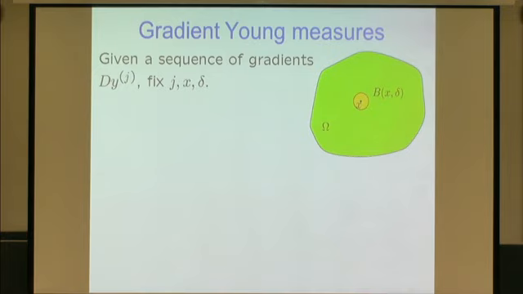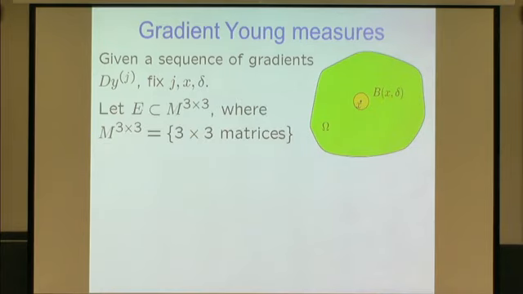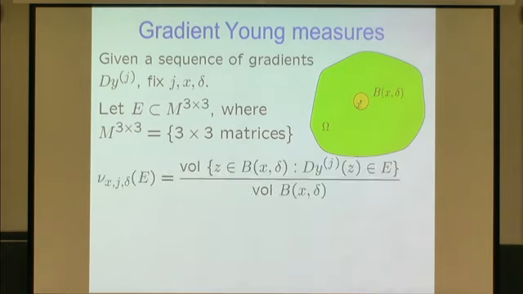First of all, I look at one deformation, so I fix j, and I fix the point where I'm going to look with my microscope, and I fix the aperture. So I look at a ball, center x, radius delta. And I look and see what the deformation gradient is at different points inside this little ball.